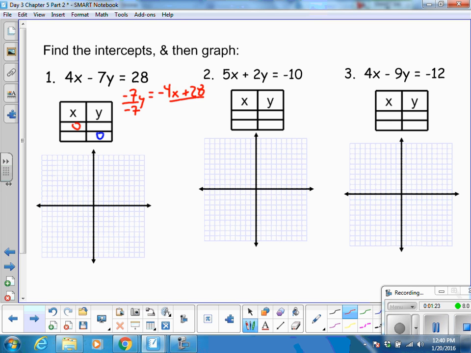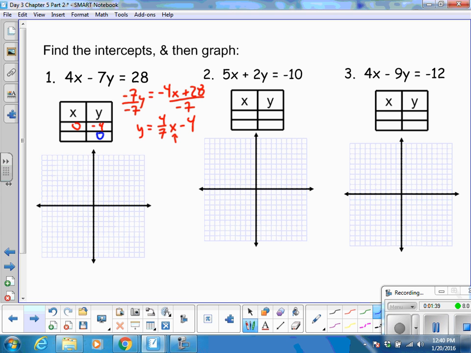I'm going to divide both sides by -7. I end up with y equals 4/7 x minus 4. So then I'm asking myself, if x is 0, y is going to be -4.